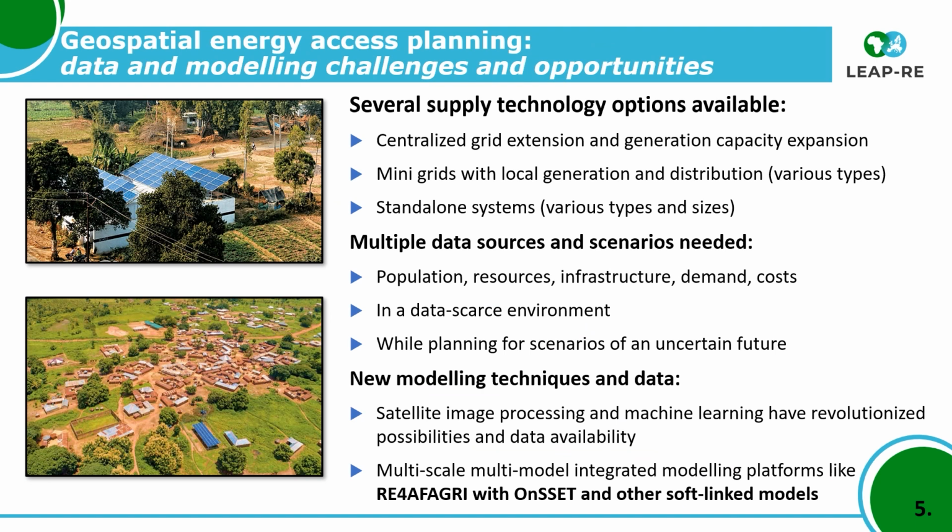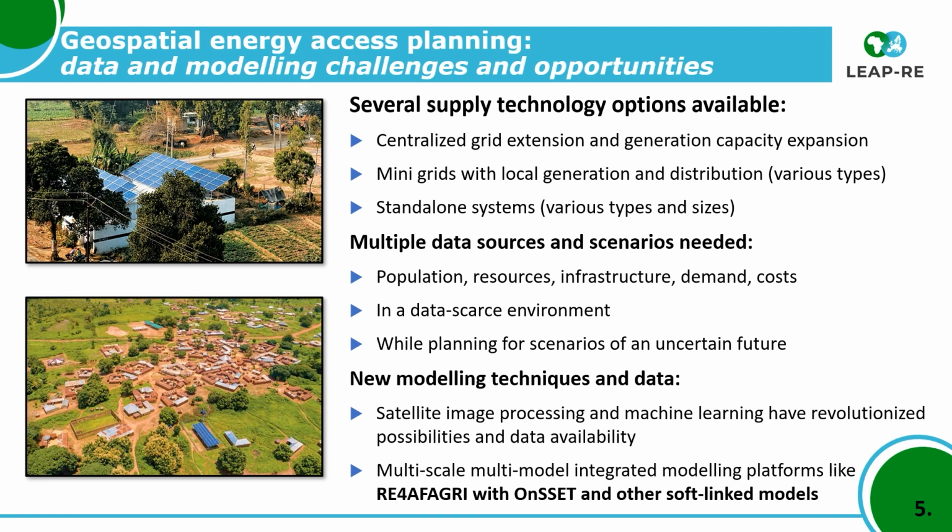The geospatial energy access planning problem has many different challenges, however, with also many different opportunities. There are several supply technology options available, including centralized grid extension, mini-grids, and standalone systems. This also needs many different data sources and scenarios such as population, energy resources, infrastructure, demand, and costs.